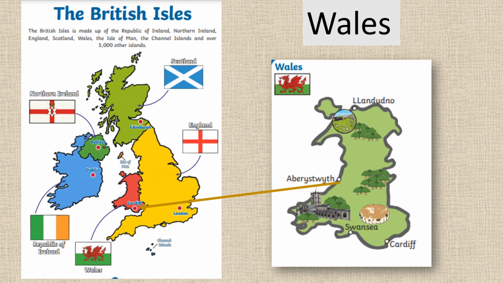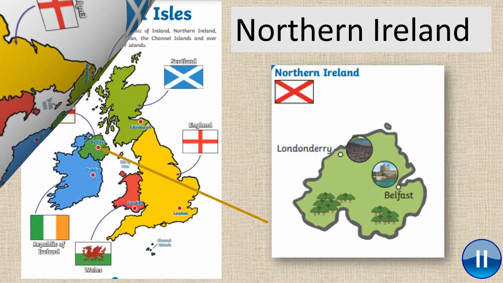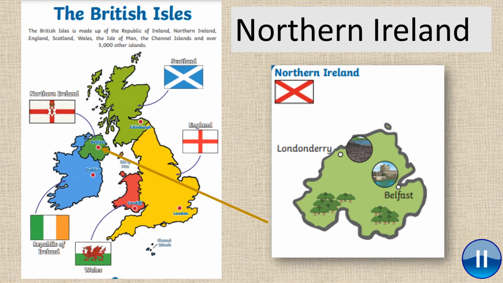This part of our country is Wales, and the capital city of Wales is Cardiff. And Northern Ireland is part of the UK, and the capital city of Northern Ireland is Belfast.